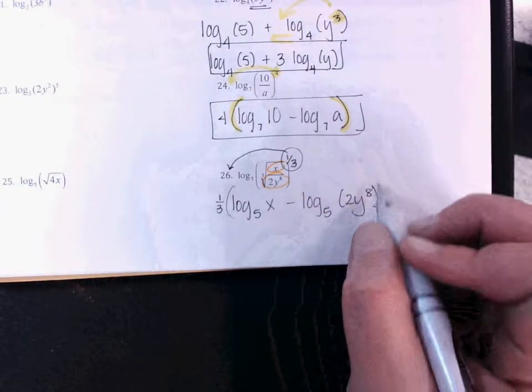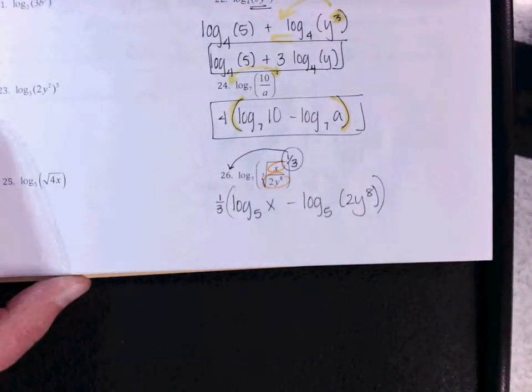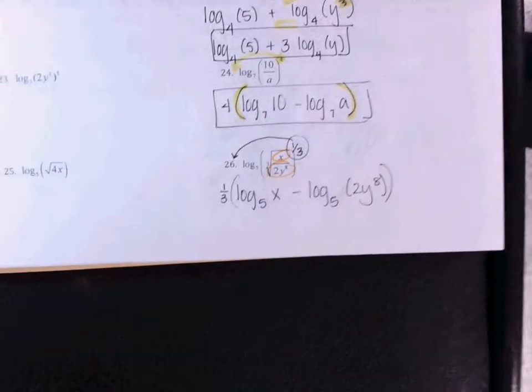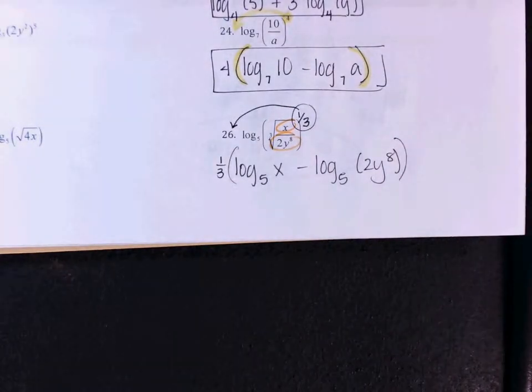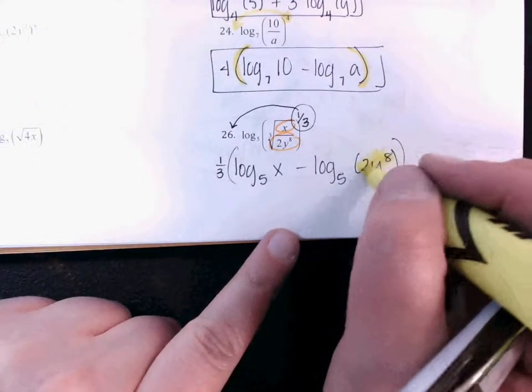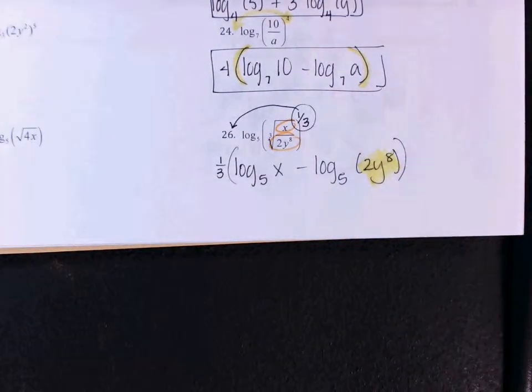But you can put the 8 in the front. I am going to in a second, but not yet. So the first thing that I do is I separate top minus bottom. And then the second thing that I do is 2 and y don't want to share. And if 2 and y don't want to share, then when I split them up, what sign will I use in the middle, a plus or minus? Plus, because they're next to each other, they're multiplied.